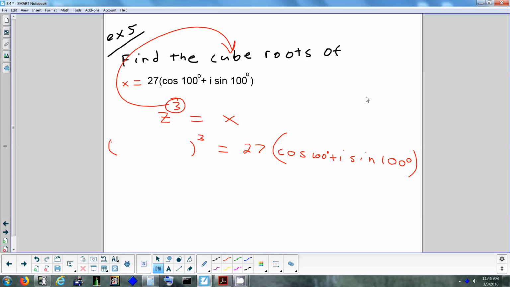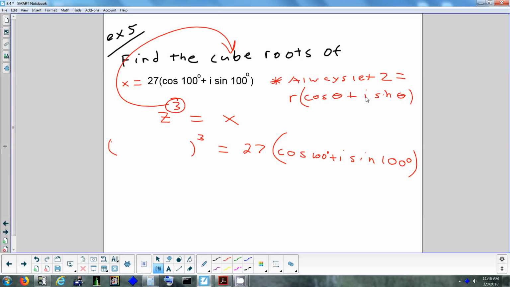What you always plug in for z, doesn't matter if you're finding cube roots, 4th roots, 5th roots, any roots, always let z equal the following. R cosine theta plus I sine theta.